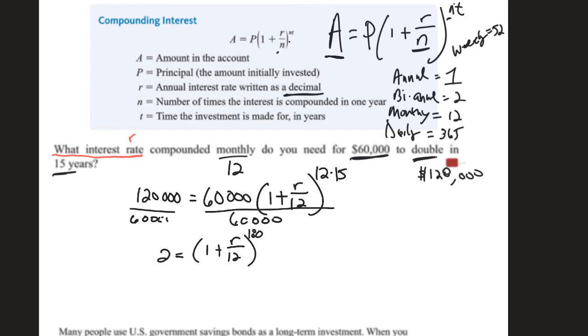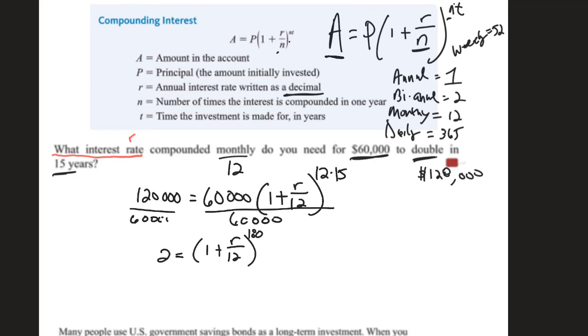Now, I can't really do a whole lot unless I am able somehow to get rid of this parentheses. The only way I can get rid of this parentheses is if I were somehow able to cancel out that 180 in the exponent spot. And we can cancel it out if we multiply it by its multiplicative inverse, which is 1 over 180.